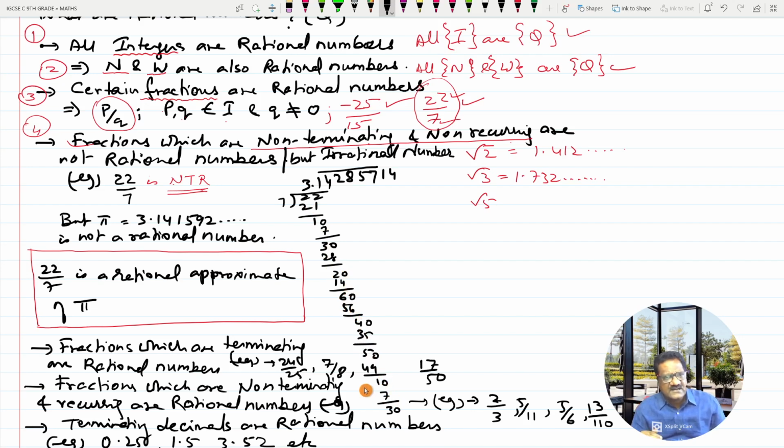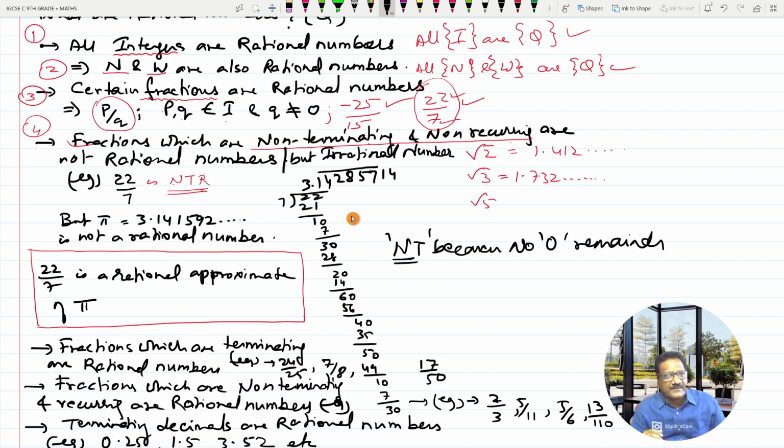along this line, you are never ever going to get a 0 as a remainder. So such a division, such a fraction, is non-terminating. Why non-terminating? Because you're not getting remainder as 0.